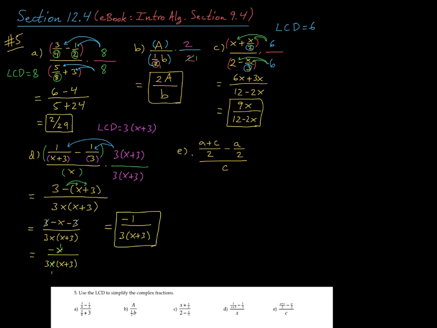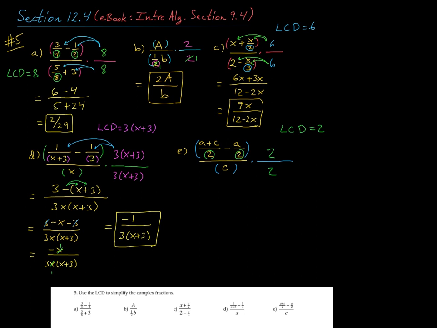And then finally for E, we have a plus c all over 2, and then we're subtracting from that a over 2, and then that entire thing is getting divided by c. All right, so here I'll go ahead and multiply this numerator and this denominator by our LCD, which in this case would just be 2, because I just have this denominator and this denominator.